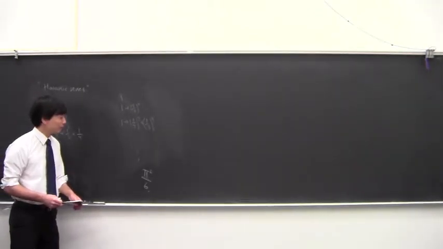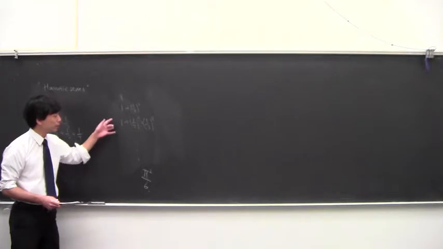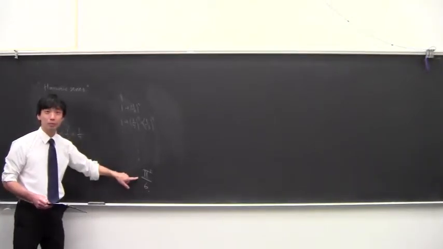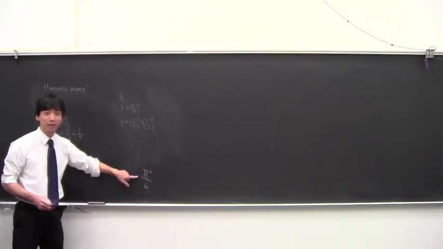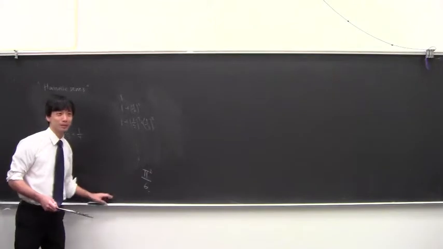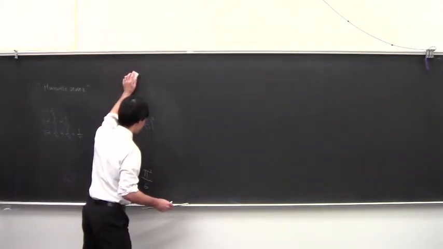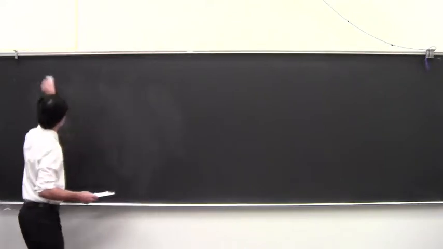In calculus 2, you'll see why this happens, but you won't see why it turns into pi squared over 6. To see that, you'll have to wait until a later course. But anyway, just to get you a little curious about what we're about to talk about.